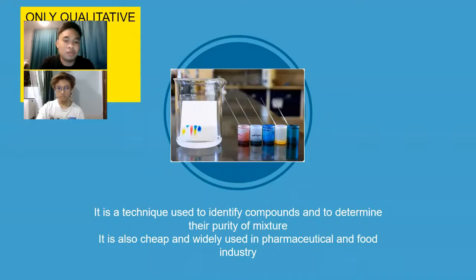It is also cheap and widely used in the pharmaceutical and food industry because it doesn't use any machine. It only uses apparatus and material, and it only involves qualitative analysis, which is that the results will not involve numbers, data, or any measurement.